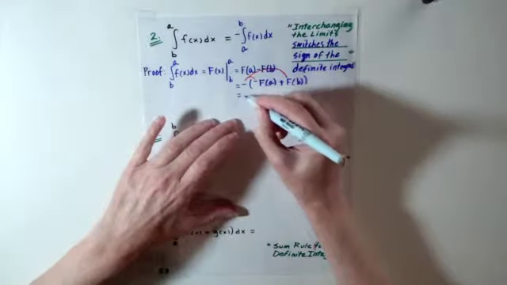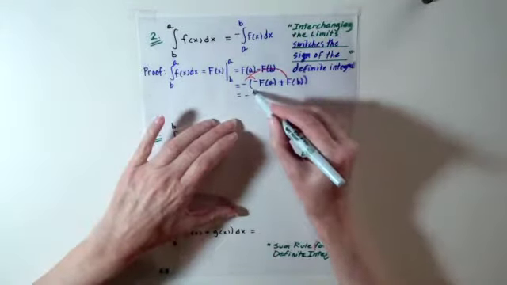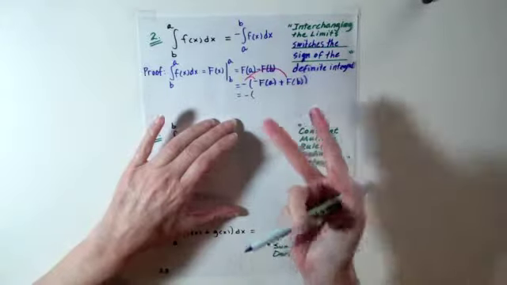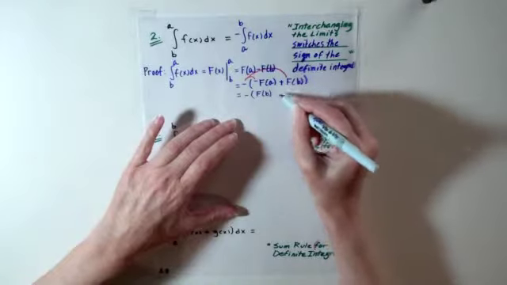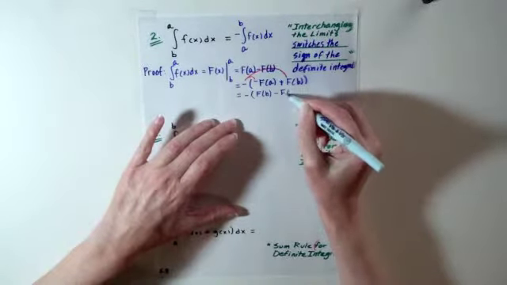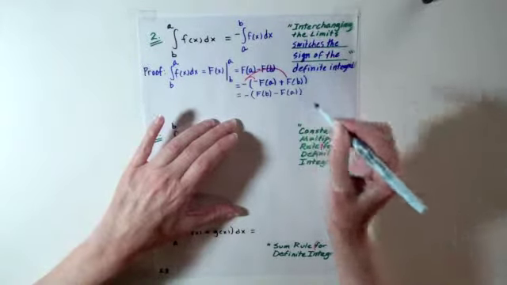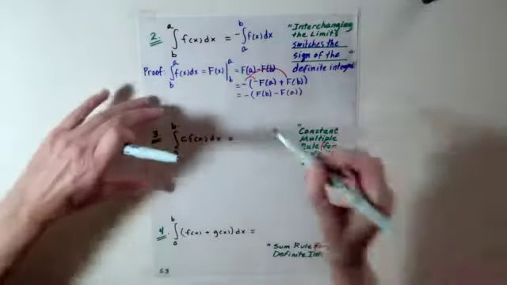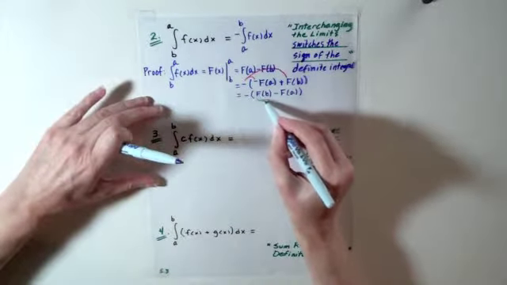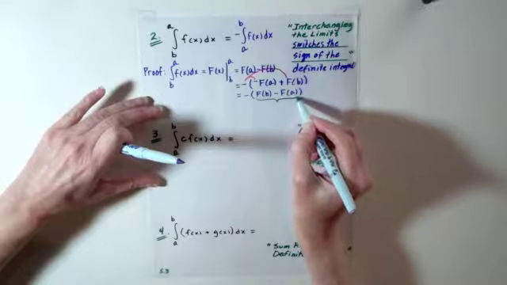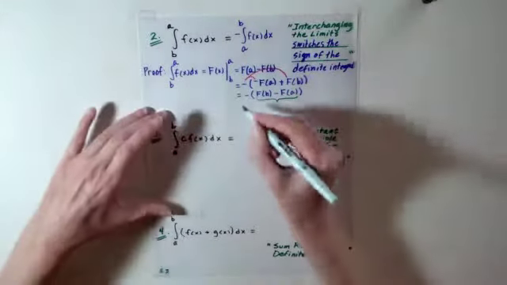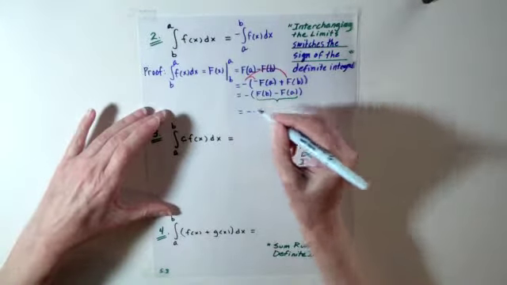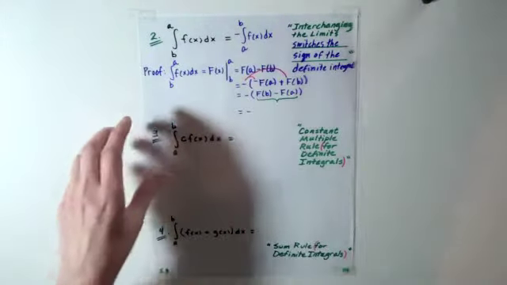Well, let's see why I did that. Inside the parentheses, I could just flip the order of the terms and write capital F of b first and write the minus capital F of a second. And I want you to think about what this expression inside the parentheses is equal to. Capital F of b minus capital F of a, that's actually just our definition for the definite integral.